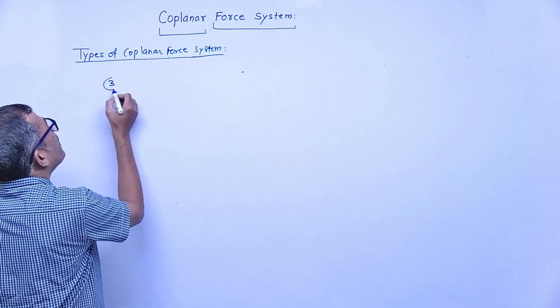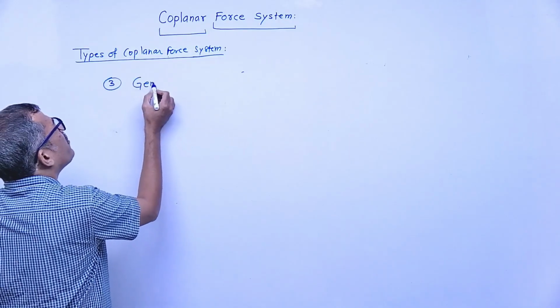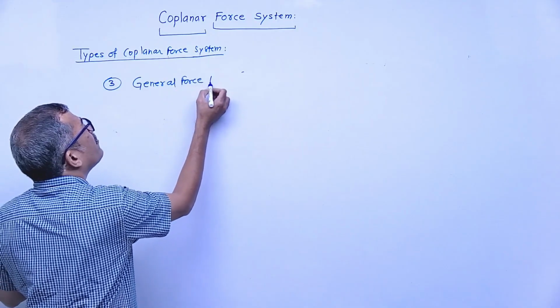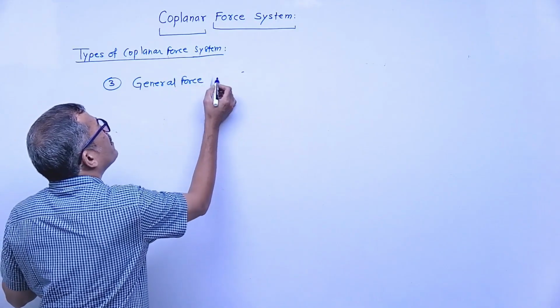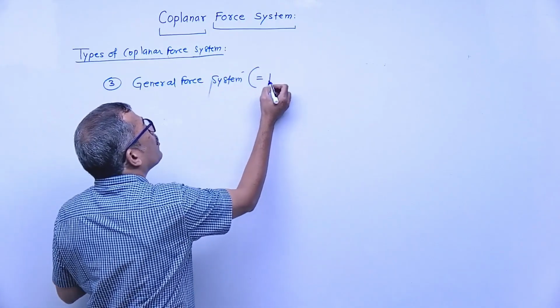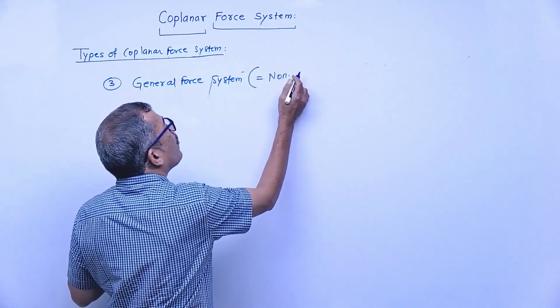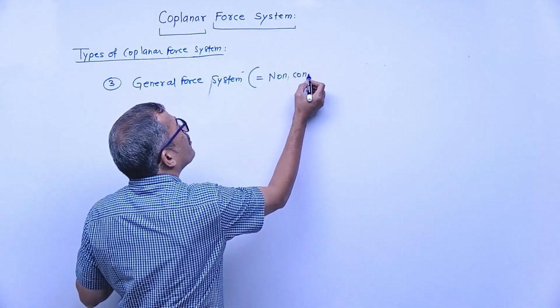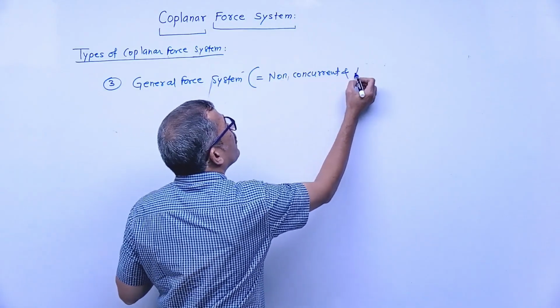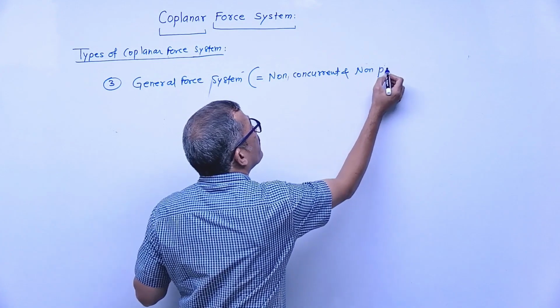The third type is called what? General force system. A general force system is basically non-concurrent and non-parallel.